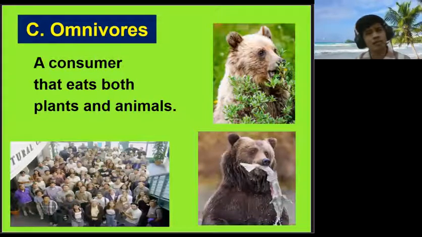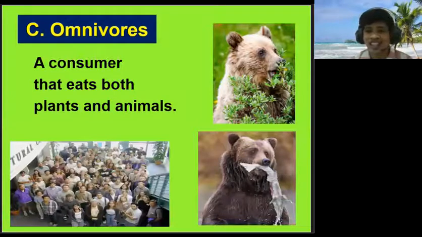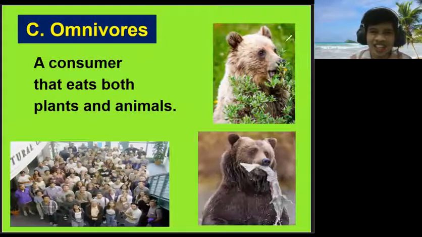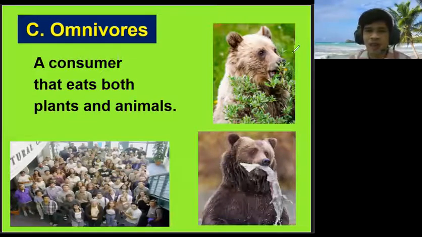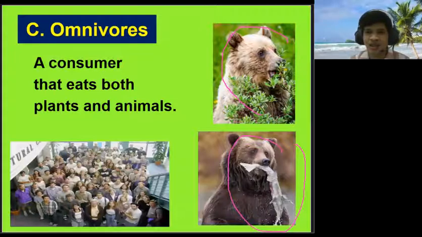Also, I can see some cats eating fruits, plants, vegetables, raccoons. Okay, what's this here? A bear, or what's this? A panda, a bear. A bear is eating plants and fish, right? So therefore, it's an omnivore. Yes, a bear.